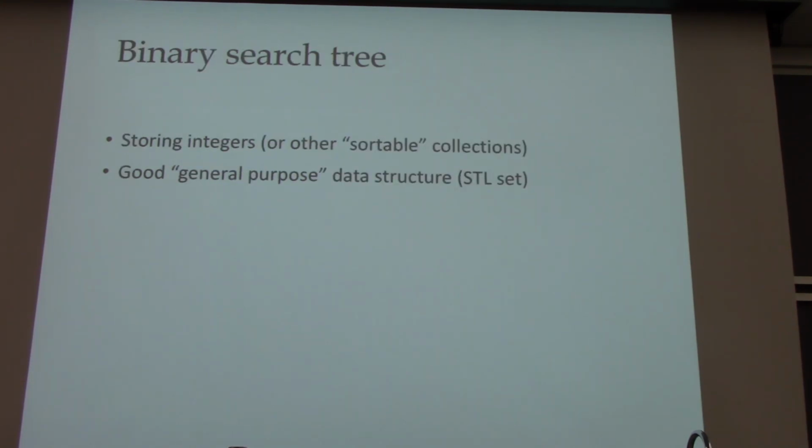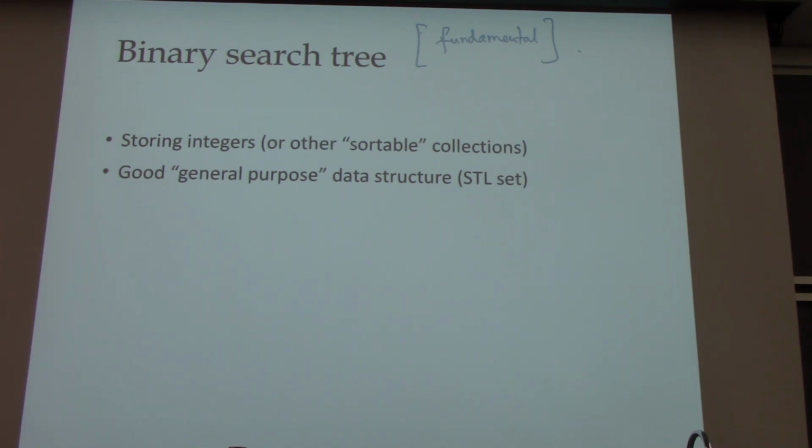Okay, so the other thing that I wanted to mention is, so this is another very basic data structure that you should all be aware of. Okay, so this is binary search tree. Hopefully, how many of you have seen some form or the other of this? So if not, you should go back and read some of the notes that I've pointed to on the course page. Okay, so this is a very fundamental data structure. And it's used for storing integers.